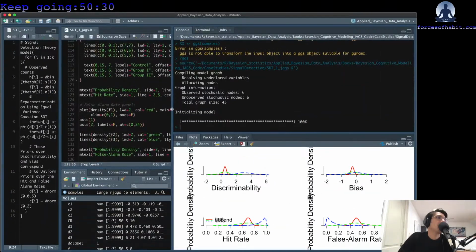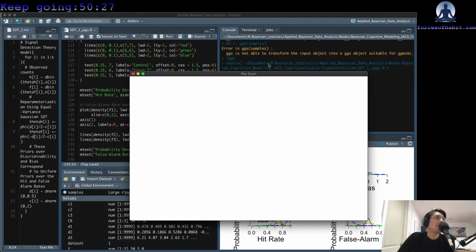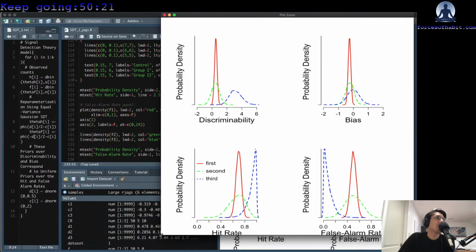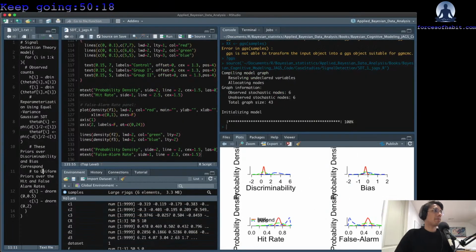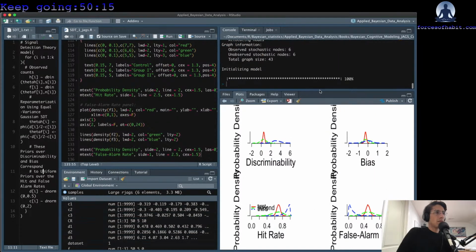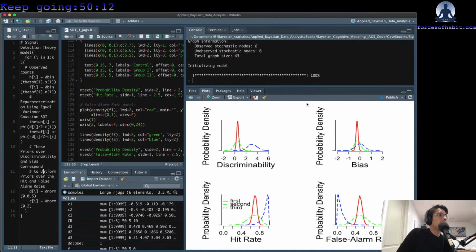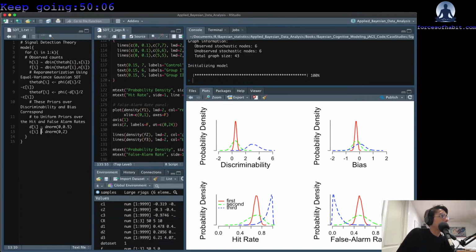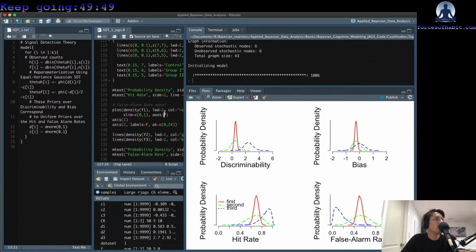Like I said earlier, I was curious about this. So what if the priors are the same?